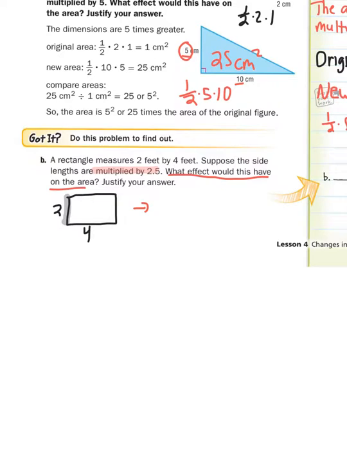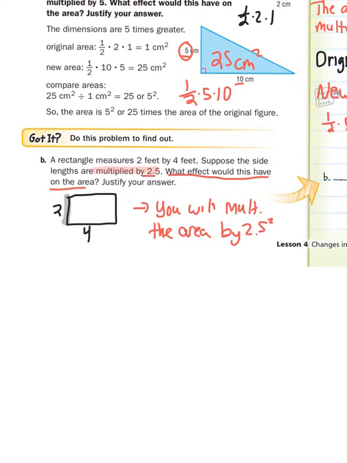All right, so you should have written this, and it could be in slightly different words. Remember, if we multiply the lengths by 2.5, we'll do the same thing squared to the area. So I would just say, you will multiply the area by 2.5 squared.